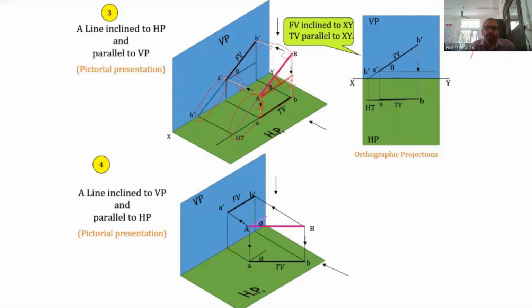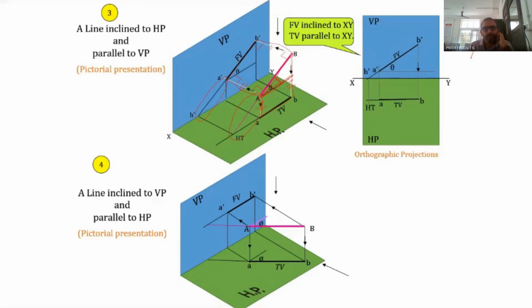Now, if we extend the line, the line will intersect with the VP. In this case, instead of the front view intersecting with the XY line, it is the top view that will intersect with the XY line. Even if we extend the front view to any length, it won't intersect with the XY line, since the XY line is parallel to the front view.